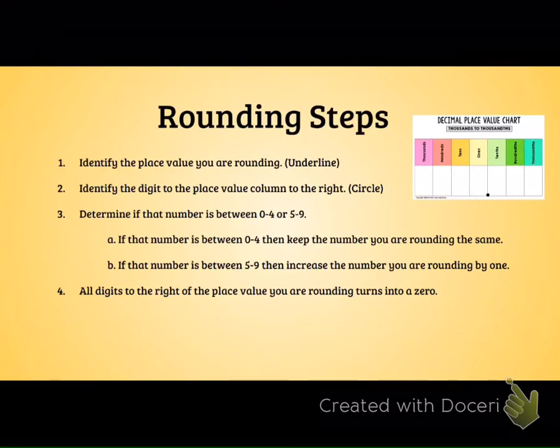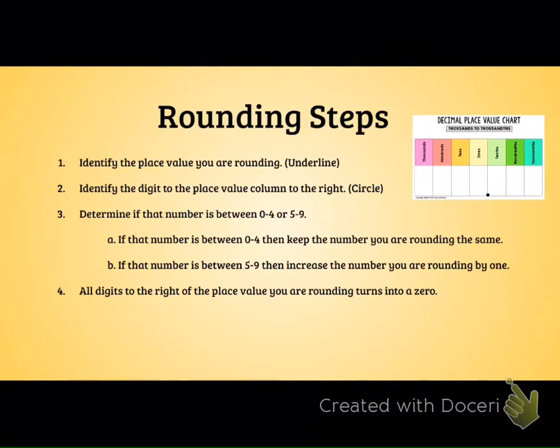If that number is between 0 and 4, that means a 0, a 1, a 2, a 3, a 4, that's the number we've circled. If that's true, then we keep the number that we've underlined the same. B, if that number is between 5 and 9, 5, 6, 7, 8, 9, then we're going to go ahead and increase that number that we underlined by 1.